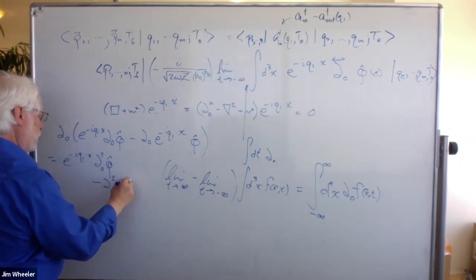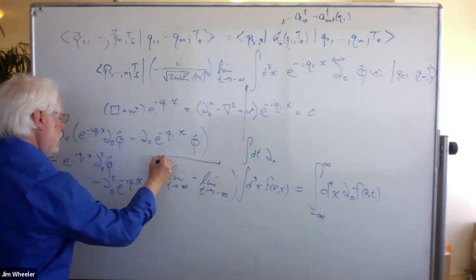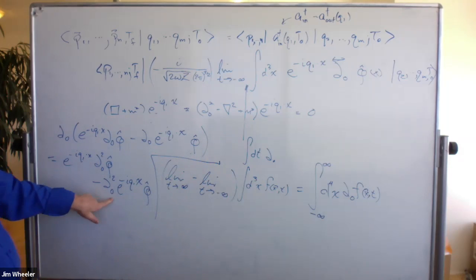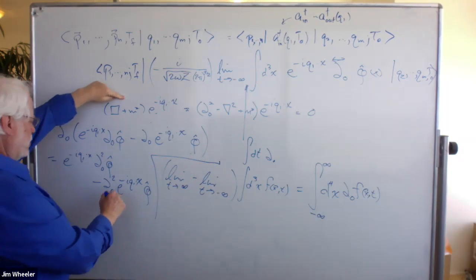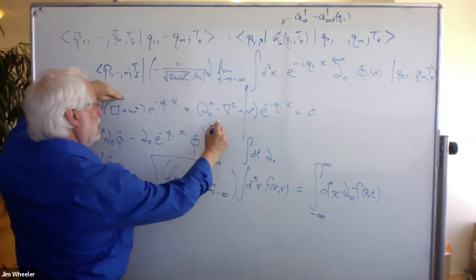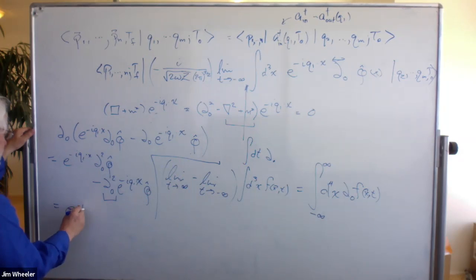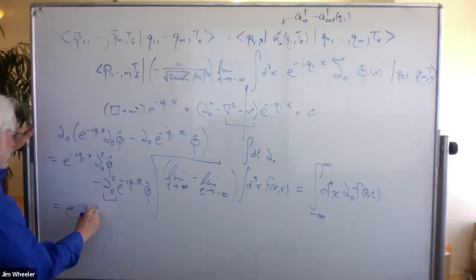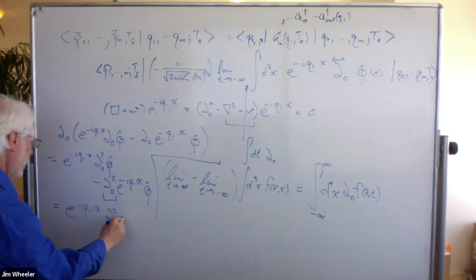We can use the wave equation to rewrite that as a Laplacian, so I can replace this D0 squared with Laplacian minus m squared. So this becomes e to the minus i Q1 dot x D0 squared phi. Let me know if the board's okay.